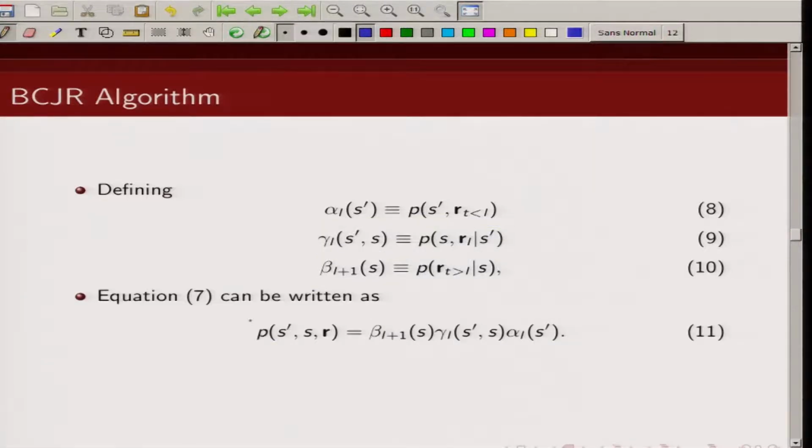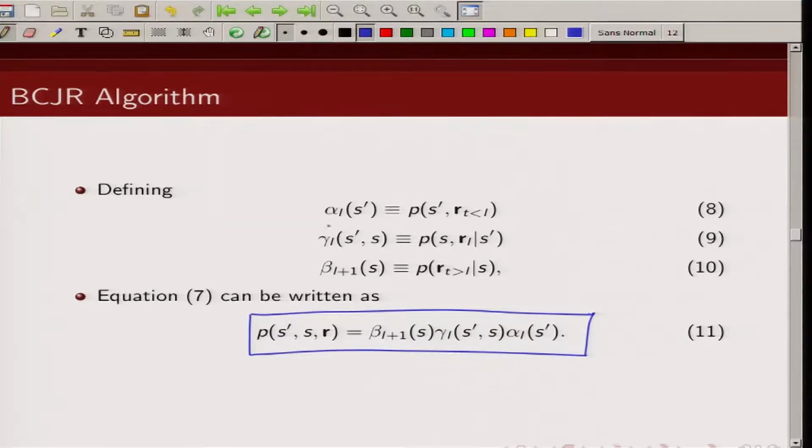So, we can now write our equation in terms of alpha, beta and gamma. Let us now talk about how we can compute alpha, beta and gamma.